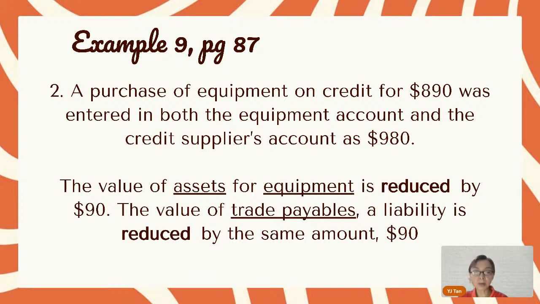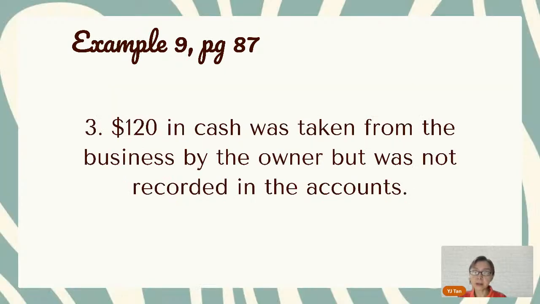And the value of trade payable, because I purchased something on credit, which I have not yet paid, so it's trade payable as a liability, I have to reduce by 90 as well, because the equipment itself is not as expensive as 980, it actually only cost 890.